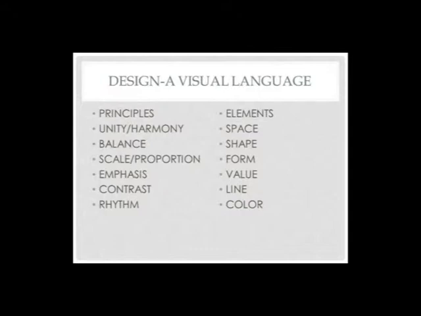So that would be comparing like circles and spheres or pyramids and triangles, things like that. Value, which can be related to color, so a lighter shade of red or a dark shadow. Line, which can be linear or curvy, depending on what the designer is going for, and then color.